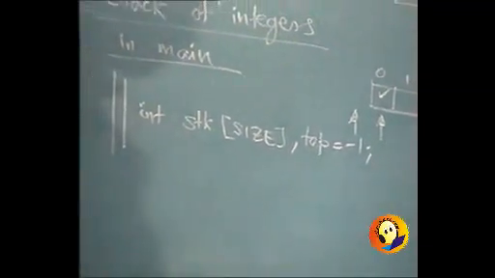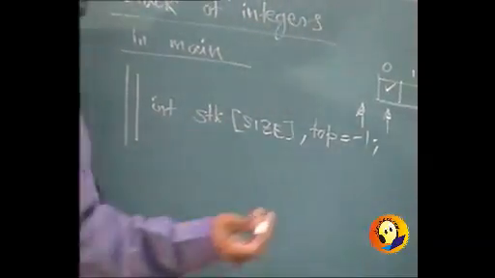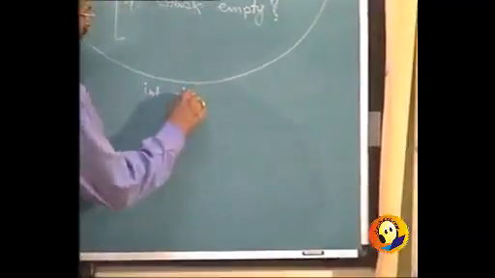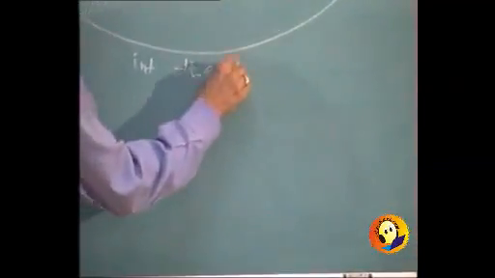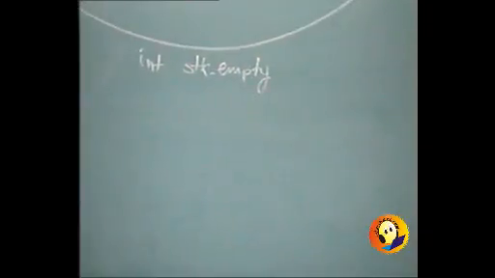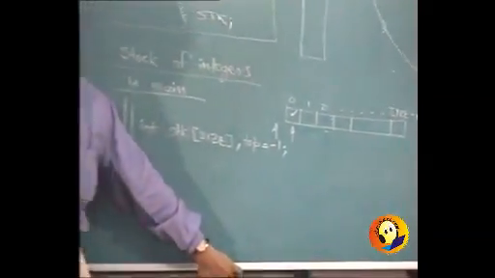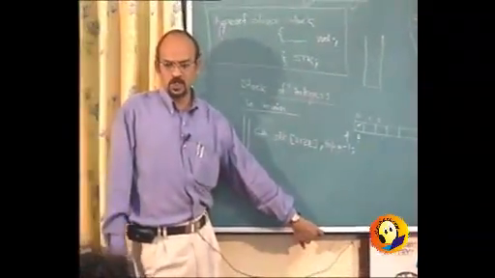Right? And now two simple functions which you have only told me. First is int stack empty. What will be the parameter? Do I require array to check stack to be empty? No, I require only the position of top.